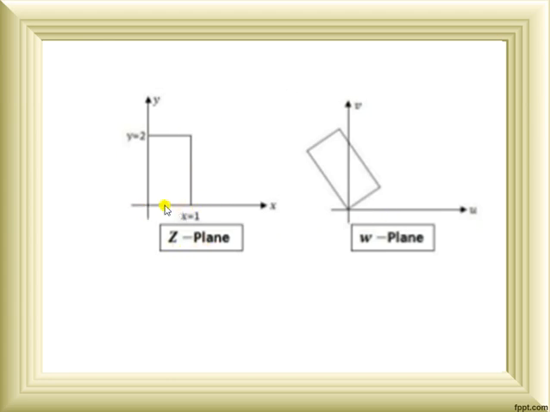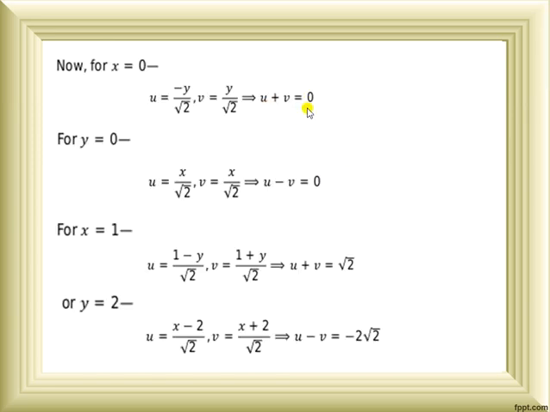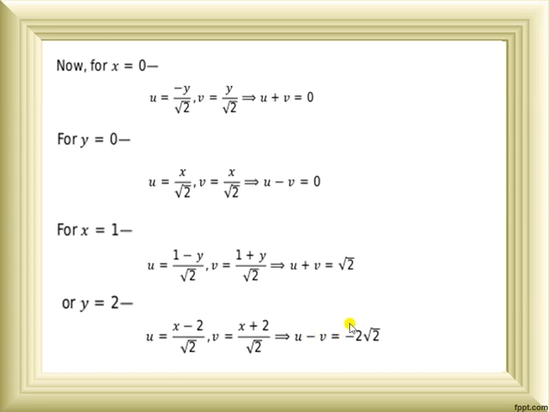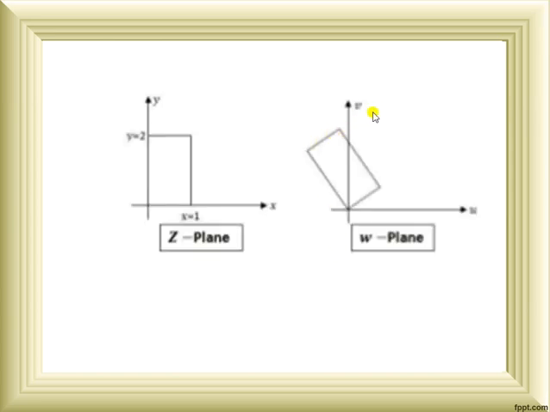So look at these lines. In the Z plane, they are given y equal to 0, x equal to 1, y equal to 2 and x equal to 0. These are transformed into lines. u plus v is equal to 0 means it passes through the origin. Then u minus v is equal to 0, u plus v is equal to root 2, and u minus v is equal to minus 2 root 2.